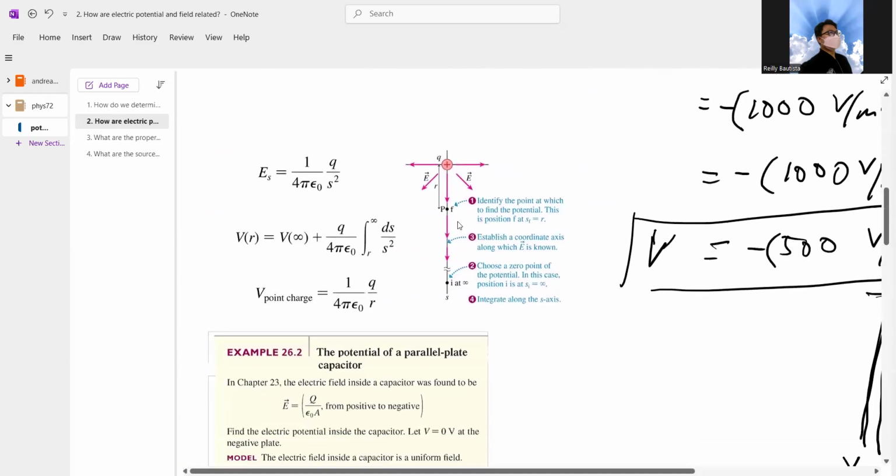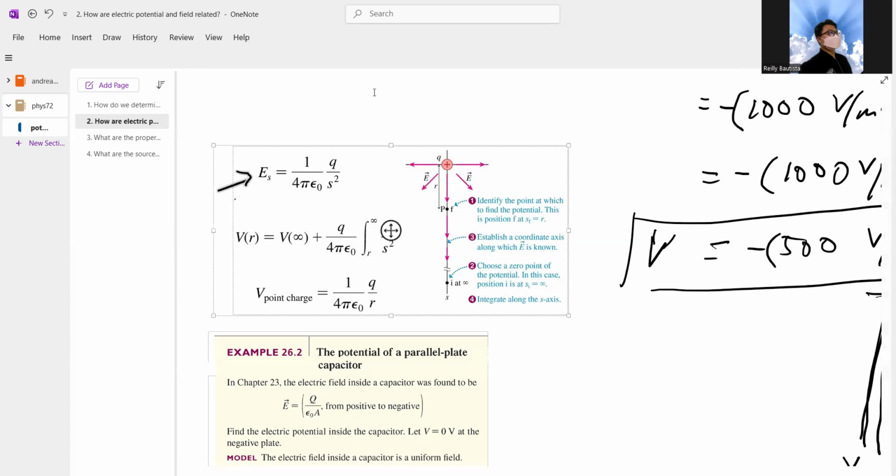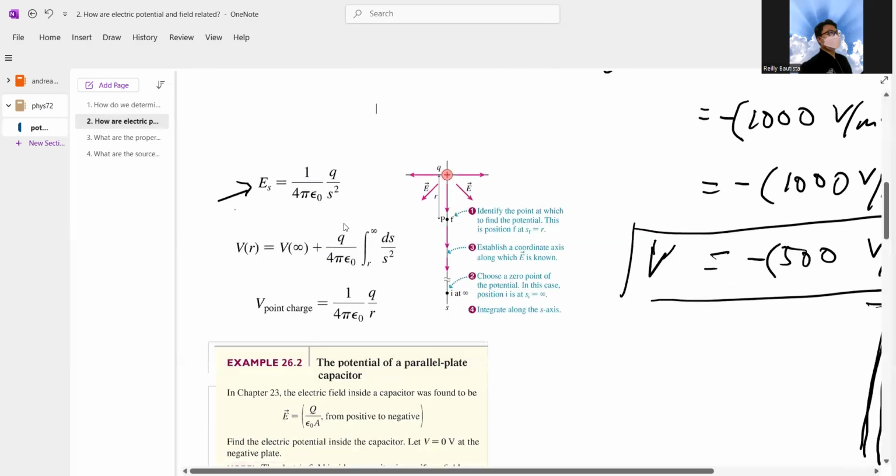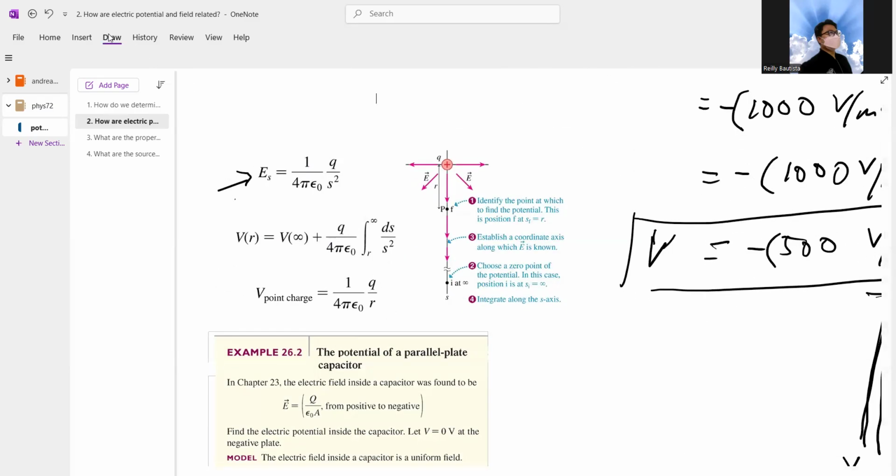Okay, so we continue with somewhat more formulas. We have this thing, the electric field. We apply the formula. We actually impose the potential at infinity here. This is a common convention. It's not always the case, because we had an example where the potential is 0 at x equals 0. So alternatively, we could impose V at x approaching infinity to be 0.